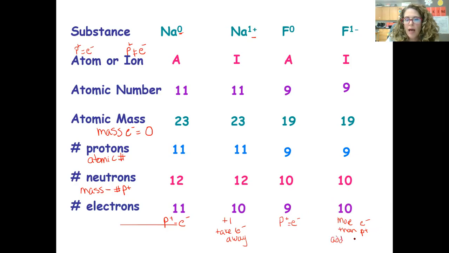And atoms lose or gain electrons to achieve what we call a stable electron configuration, like a noble gas. And we'll talk about those noble gases in a bit. So let's go on to our next slide.